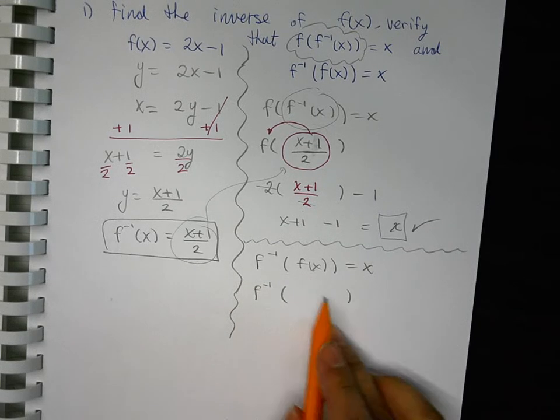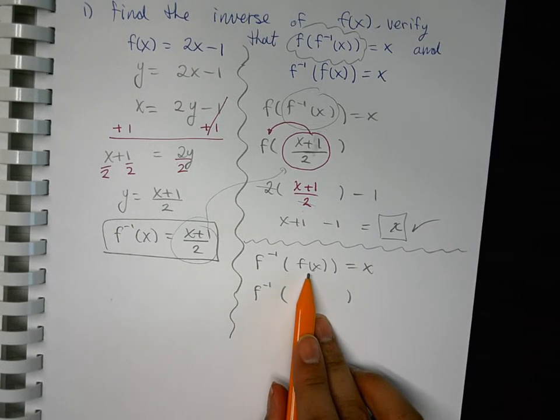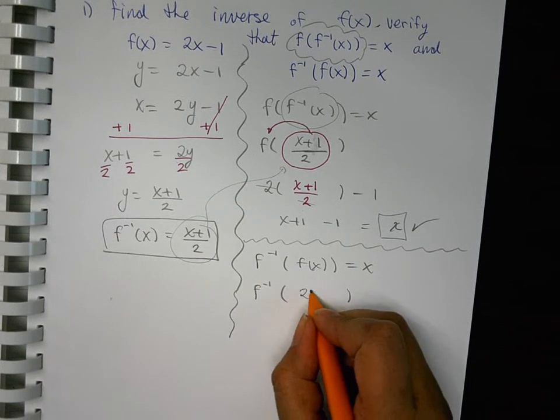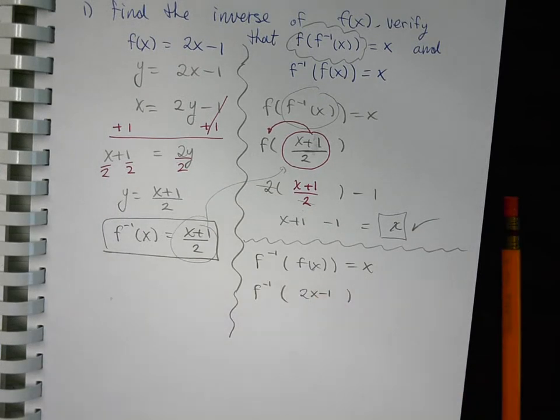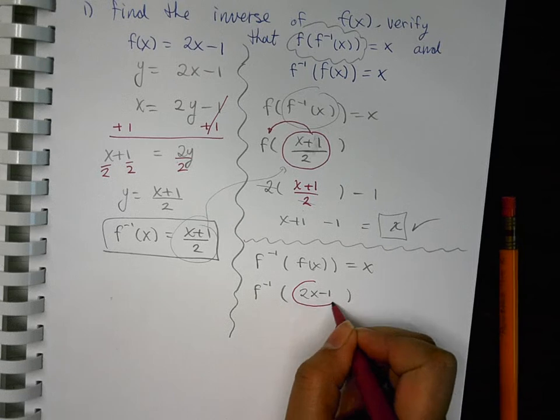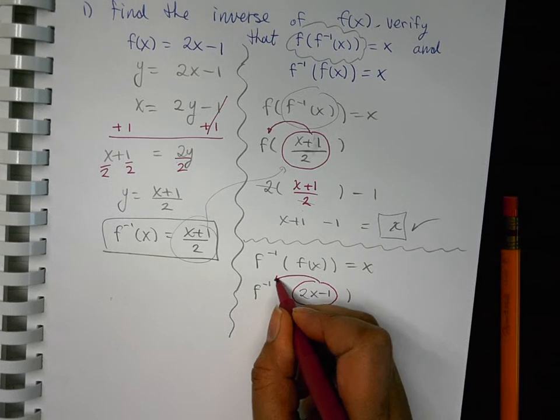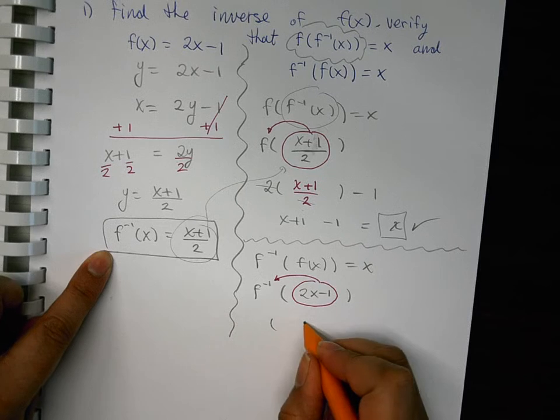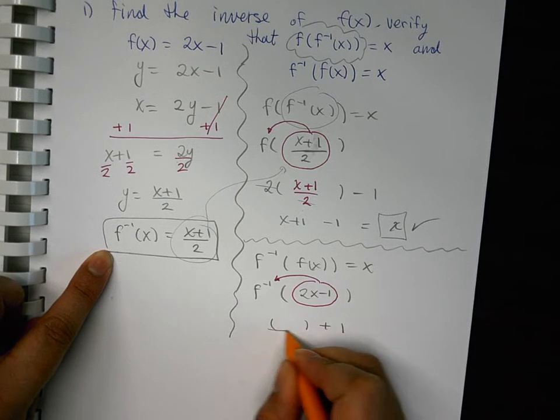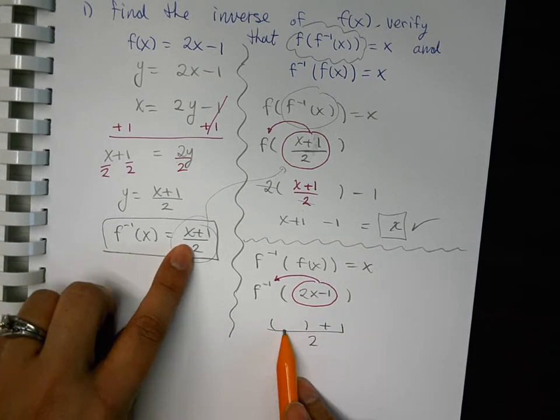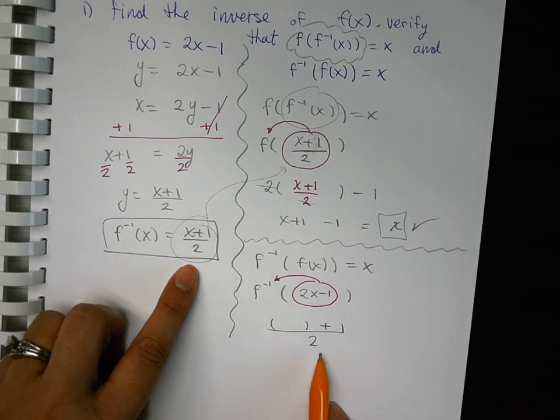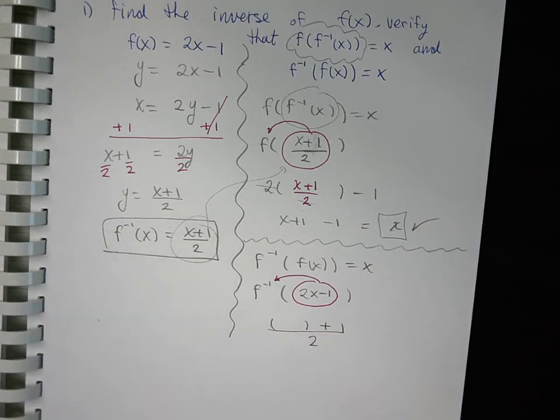All right, f inverse of, what do I plug in for f of x? The original, 2x minus 1. And I'm going to take the 2x minus 1 and plug it into which function? The inverse function. And my inverse function is here, blank plus 1 over 2.